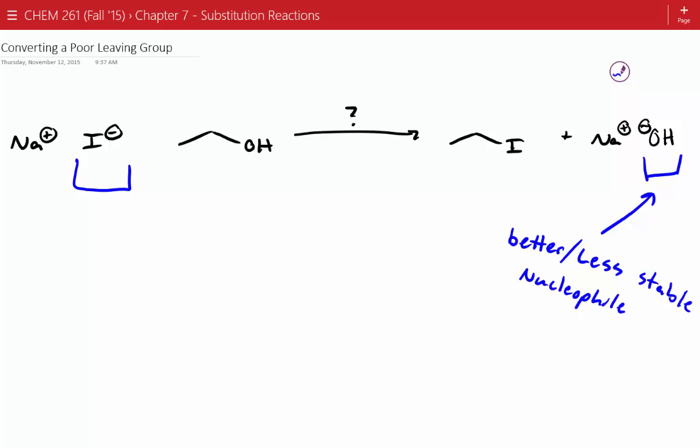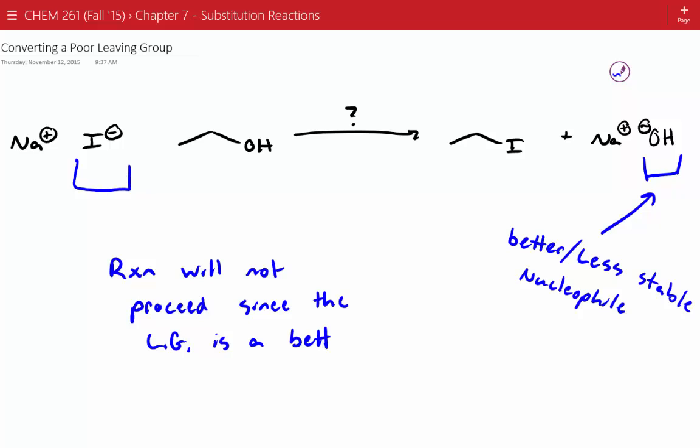Do you think this reaction is going to want to go to the product side if we're kicking off something that's a good nucleophile? No. So in this case, the reaction will not proceed, since the leaving group is a better nucleophile.